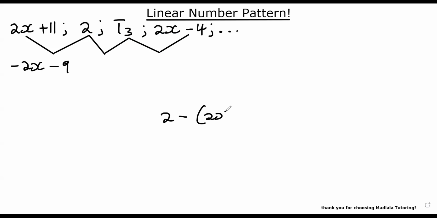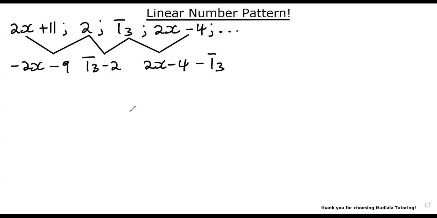Remember that you had to open a bracket and distribute the negative sign. And then T3 minus 2 is just going to be T3 minus 2. And here you get 2x minus 4 minus T3, right?